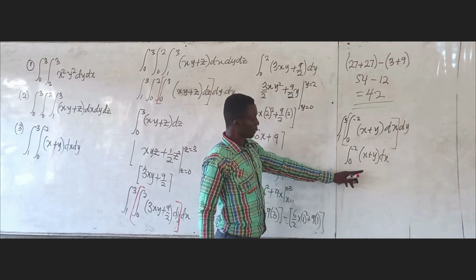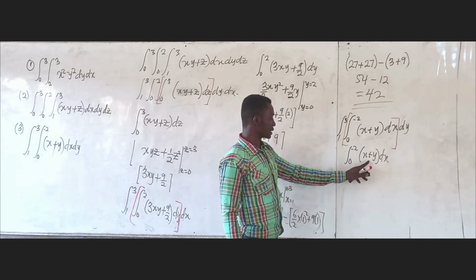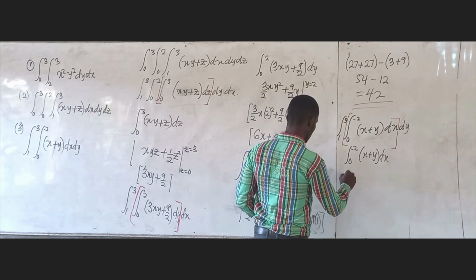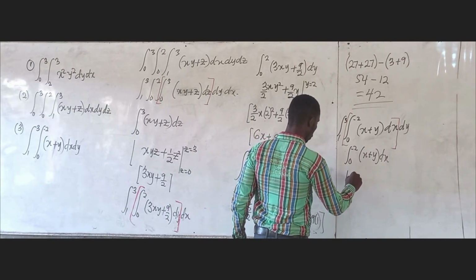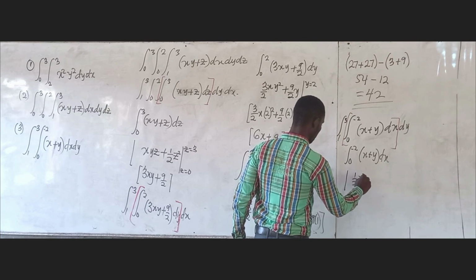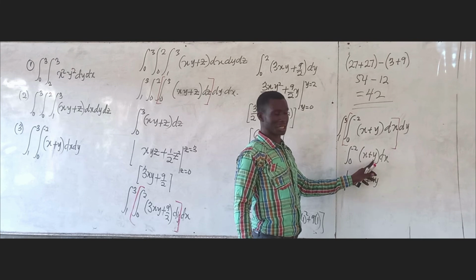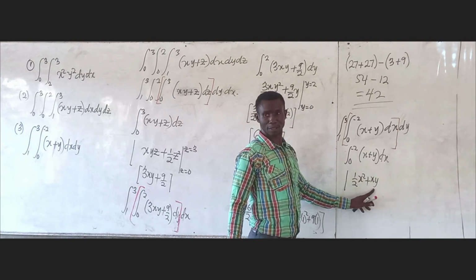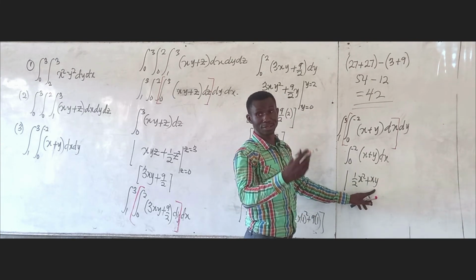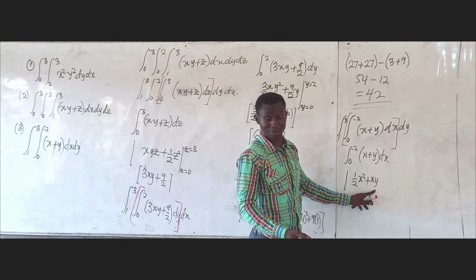You pick the y as a constant, integrate x. It should be 1/2 x squared plus xy, because if you integrate y, a constant, you give it xy. Just like if you have 10, you integrate with respect to x, you give it 10x.